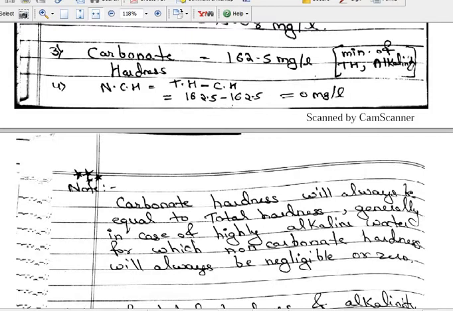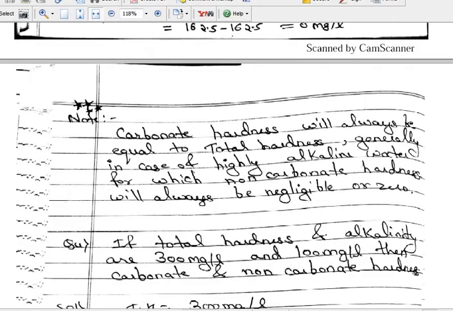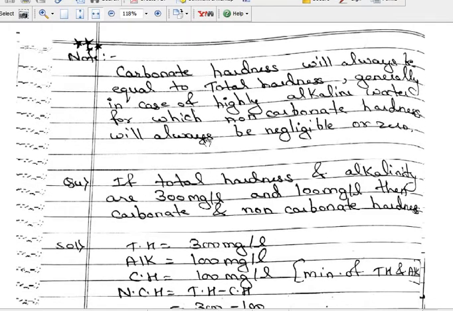Based on this, see the one note that has been mentioned here. This is important. Carbonate hardness will generally be equal to total hardness in case of highly alkaline water. So if the water sample is highly alkaline, when the pH is very high, see in the above case, what was the pH? It was 12.